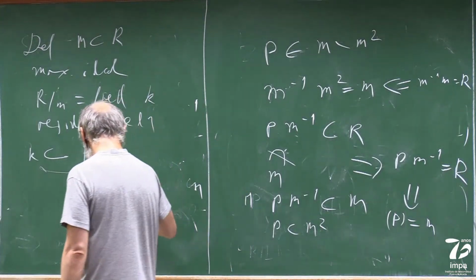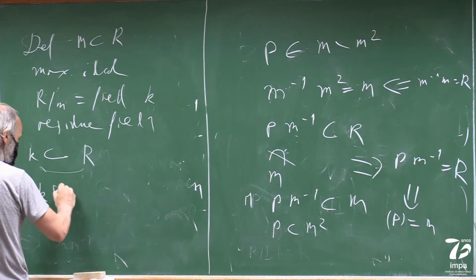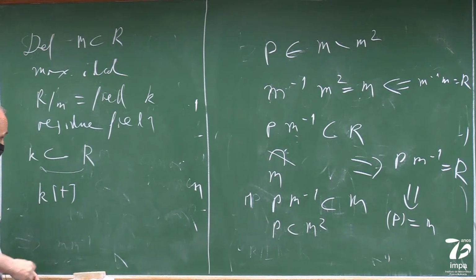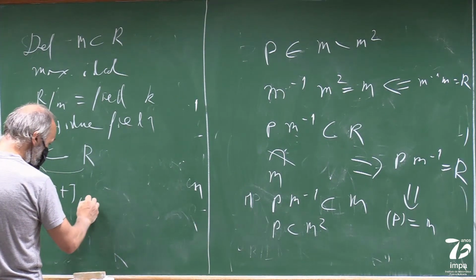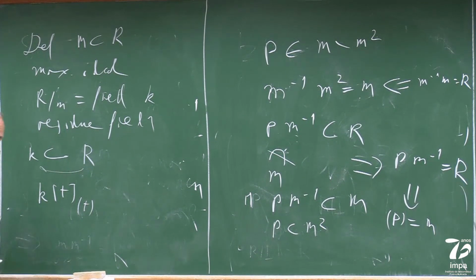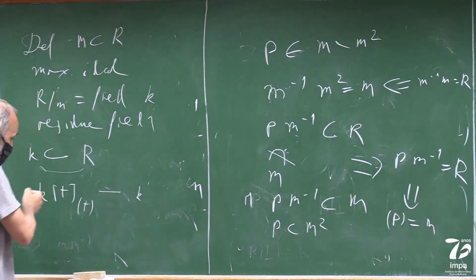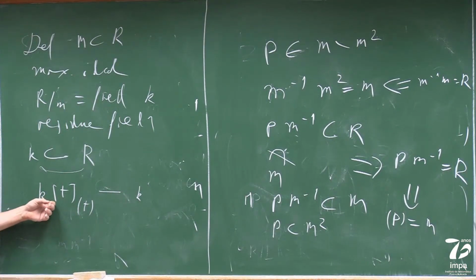The typical example is you take K(T), and you localize it at the ideal (T). This means that you invert all polynomials which are non-zero at 0. And the quotient is K. And of course, K sits here as constant polynomials.